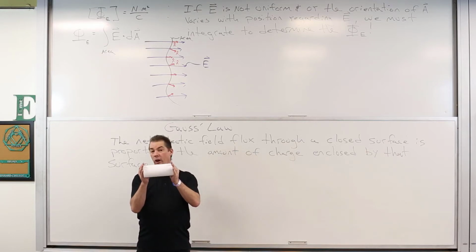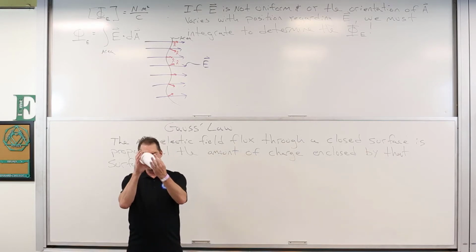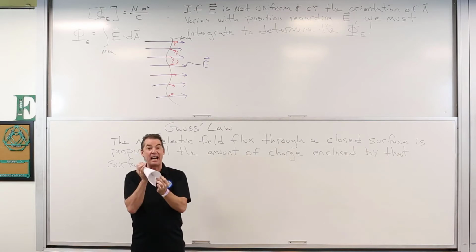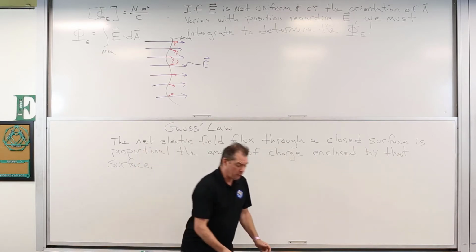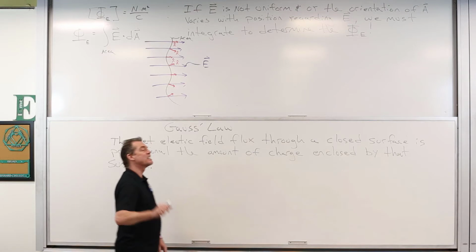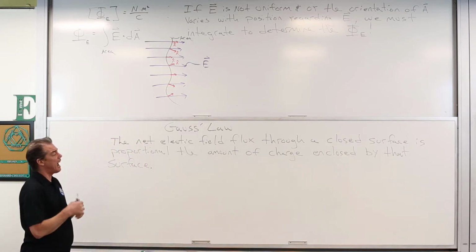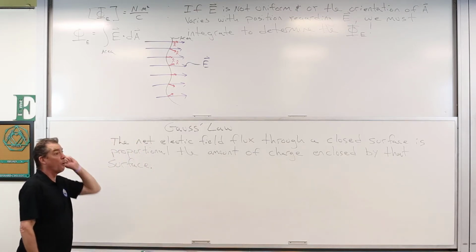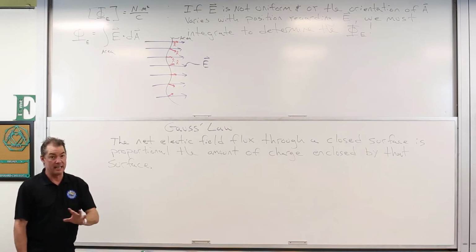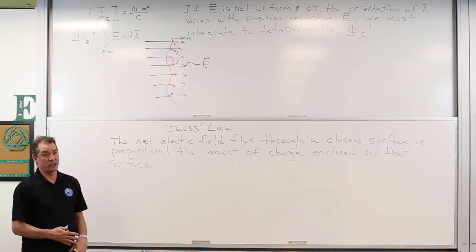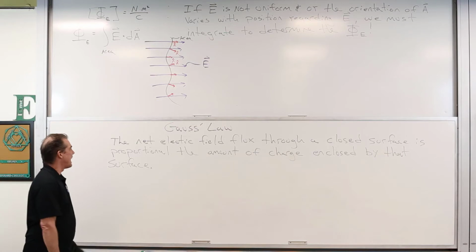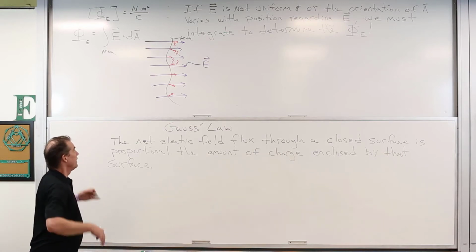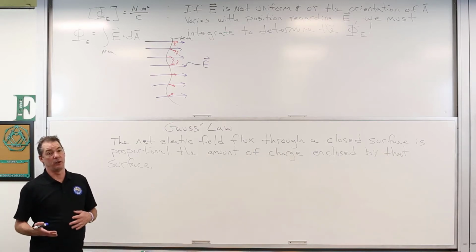And then we could correlate that total electric field flux to the amount of charge that's inside the cylinder. And what's that good for? It can be utilized in specific cases, or we should say highly symmetrical cases, to figure out what the actual electric field is due to the charge that's enclosed. So it's nice to be able to extract some notion of what the electric field is.